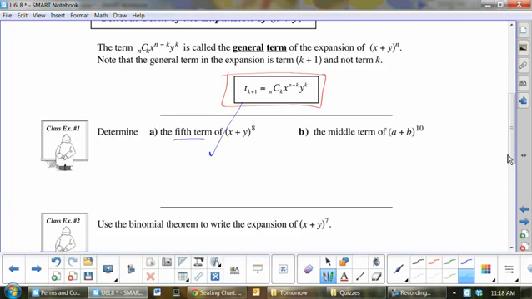I am looking for the fifth term. In other words, I'm looking for T5. That's what the fifth term means. Now, just by looking at the formula, if t equals 5, what does k equal? Look right there. What would k equal? 4.